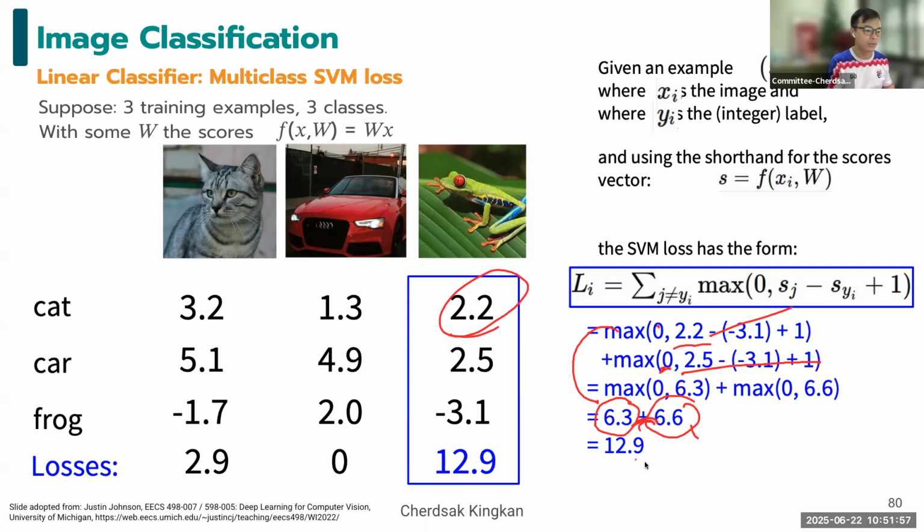You sum them all up and get 12.9. This is very high, which means the model gave a very low score to the correct class, so the linear classifier didn't do well with this image because the loss is quite high.